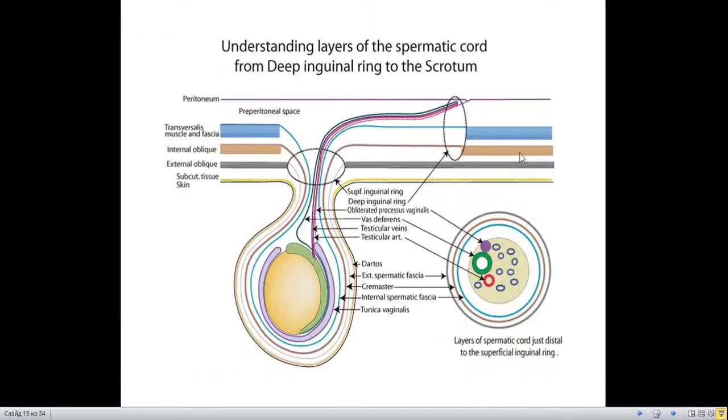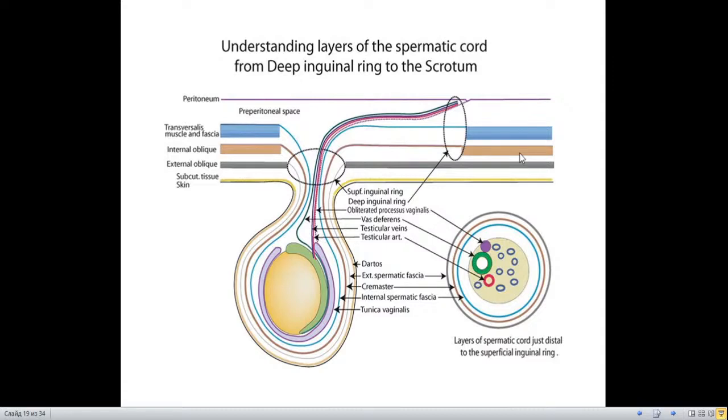A few words about external genital organs. We will not spend much time on scrotum. I advise you to use this diagram when you prepare your home task for practical class. This diagram shows derivatives of scrotum, how its layers derive from anterior abdominal wall.